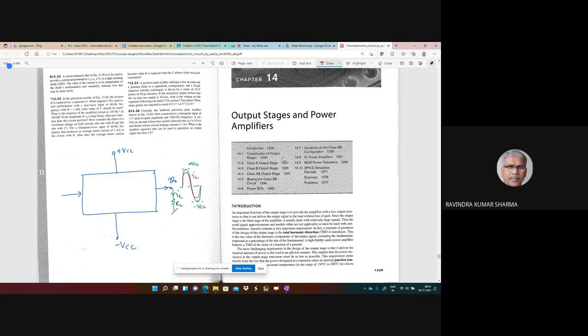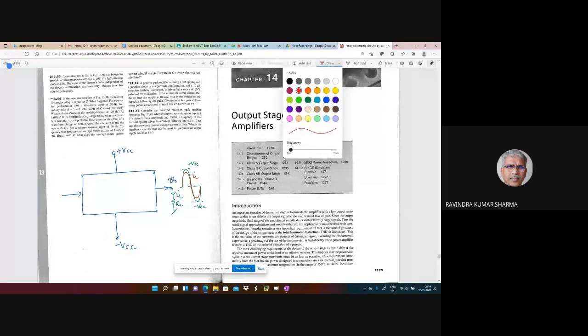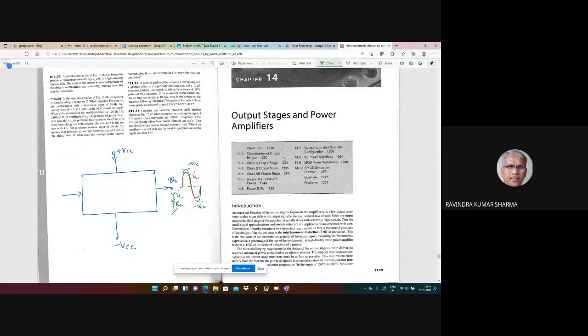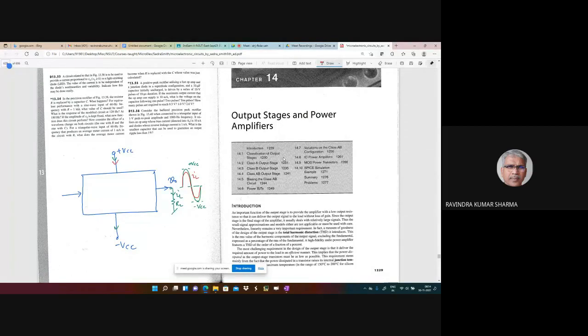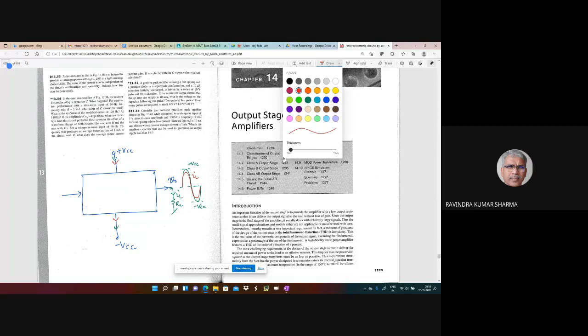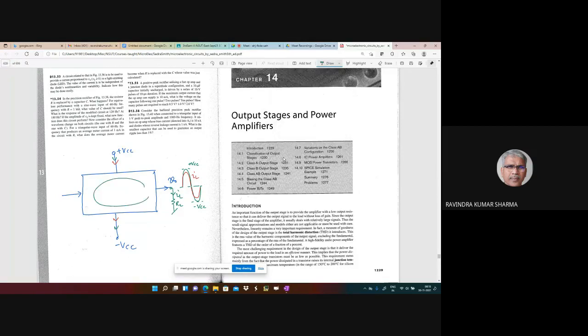Now, where from this power is coming? This power is coming, you see, the voltage or the current, right? It is coming from this. So you have the active devices in this amplifier.